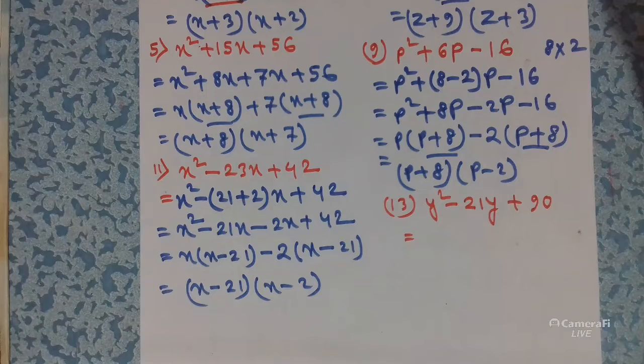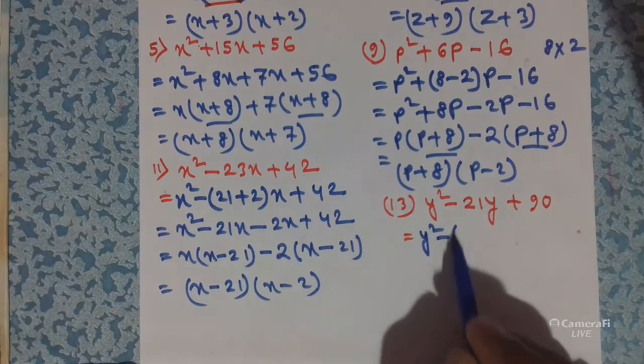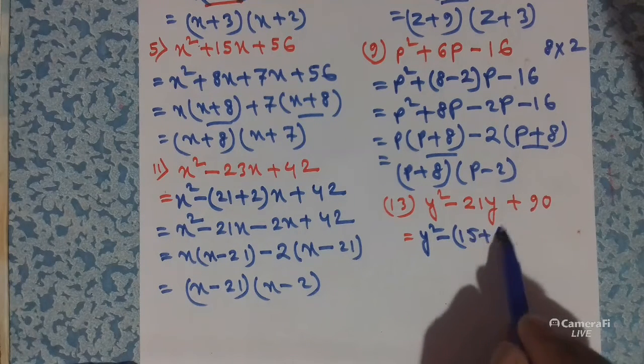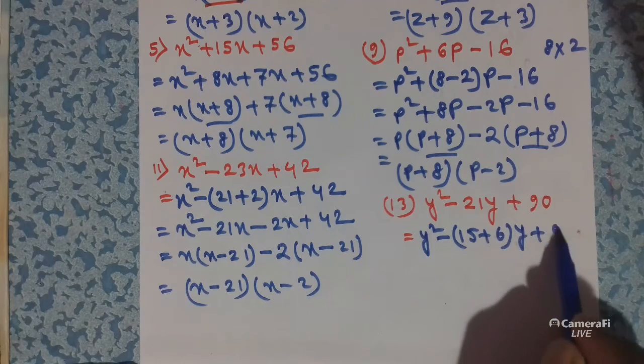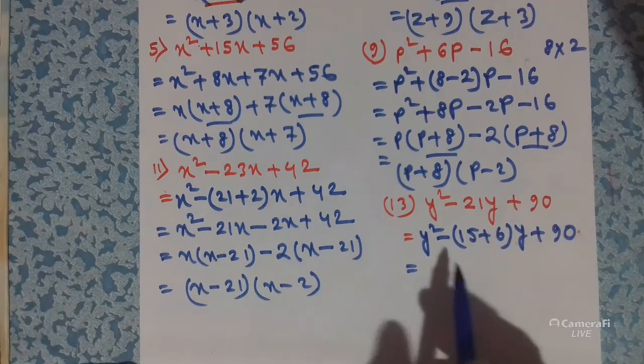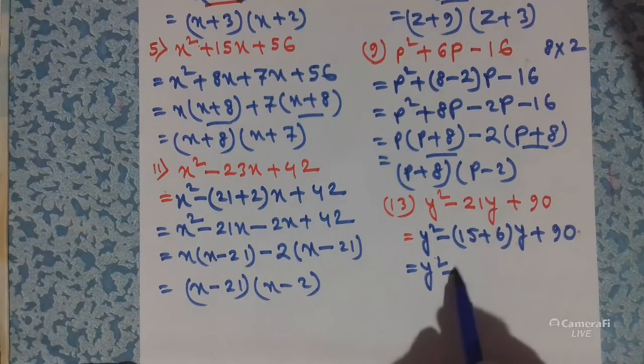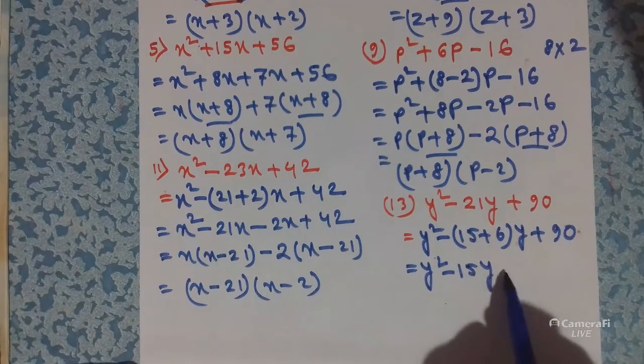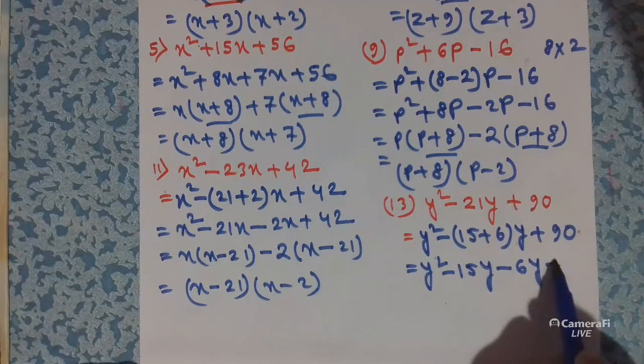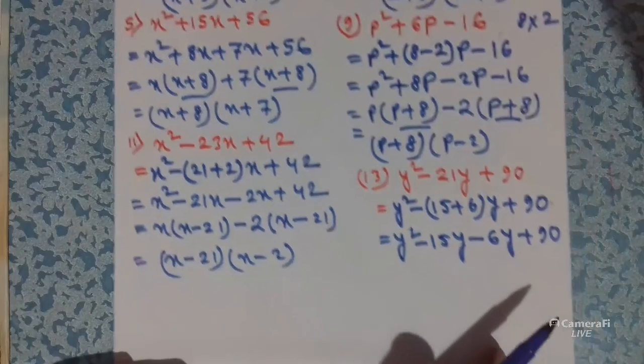So 15 multiply 6 is 90 and 15 plus 6 is 21. So here we can write 15 plus 6 into y plus 90. So here y square, and remove this bracket, so it will be minus 15y and minus 6y plus 90.